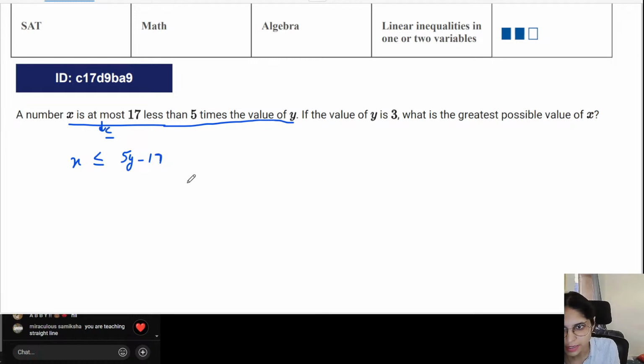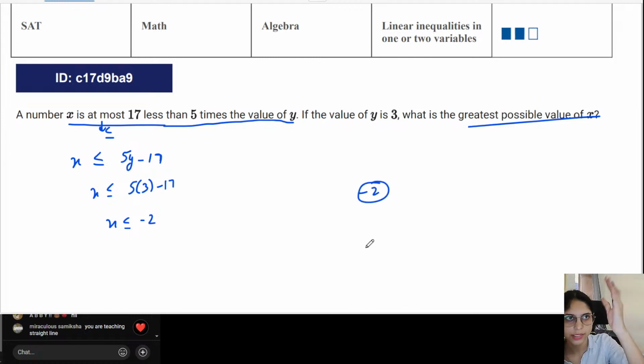And now the value of y is 3, so x is less than or equal to 5 times 3 minus 17. X is less than or equal to 15 minus 17 is negative 2. Greatest possible value of x is negative 2 because you're going less than or equal to negative 2.